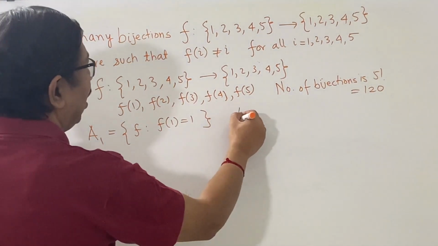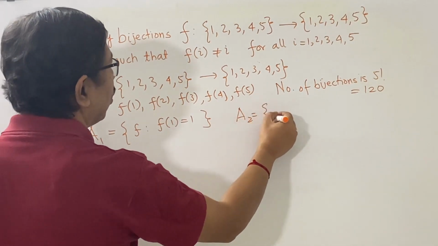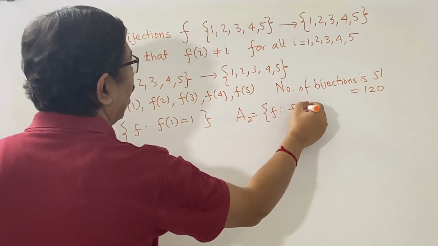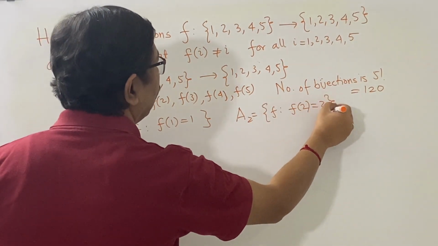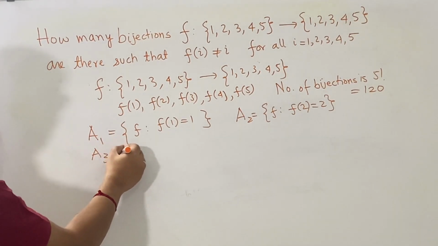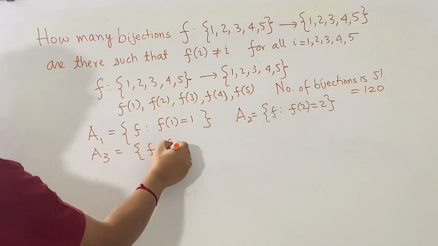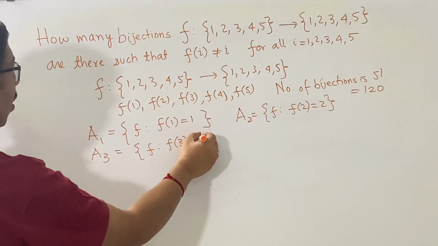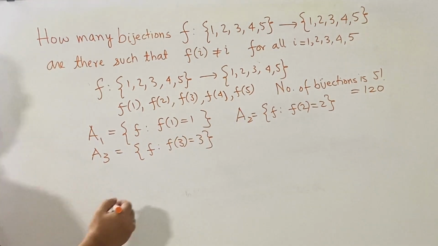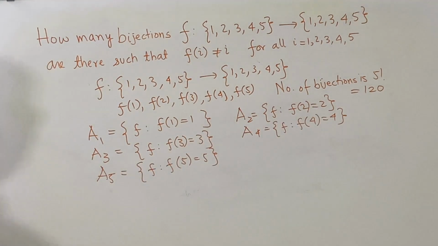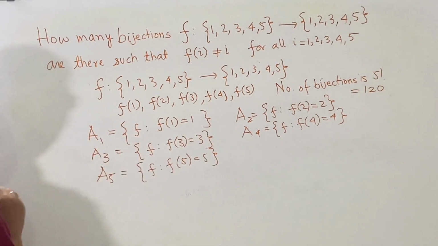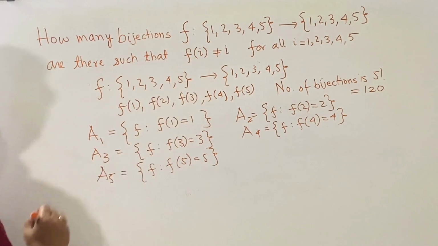A2 is similarly all those functions which have f(2) mapped to 2. And similarly, we have A3 where f(3) maps to 3. Now, how do these sets A1, A2, A3, A4, A5 relate to the counting of the maps with this property?